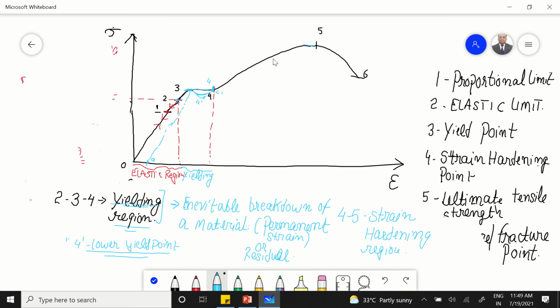That is the reason we get a continuously rising curve, and it becomes flat as it reaches point number 5. This point number 5 is the maximum capacity of a specimen to carry load. That maximum amount of load or stress that a material can withstand before showing any visible sign of failure, we call sigma UTS, the ultimate tensile strength of a material.